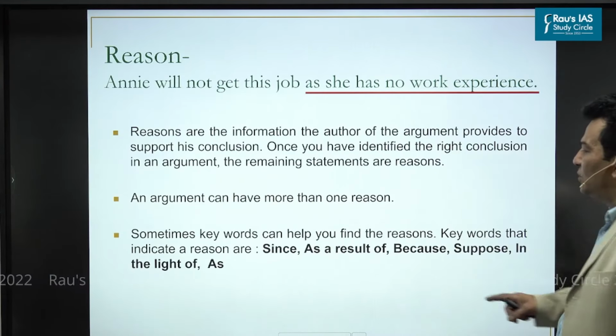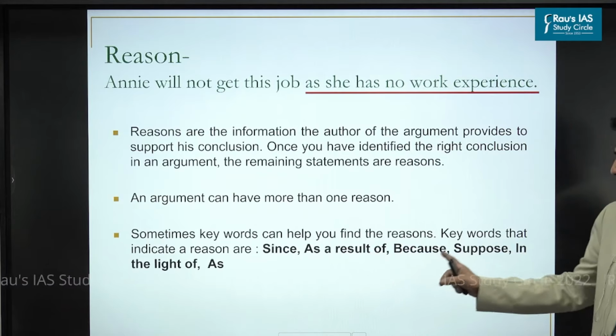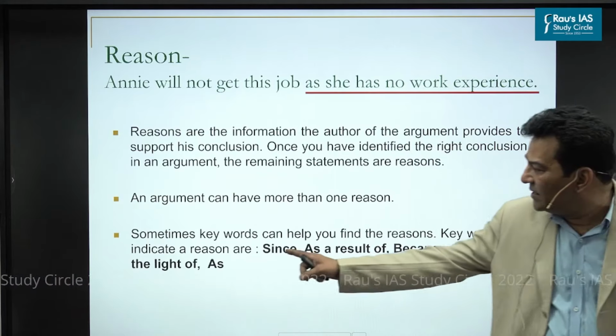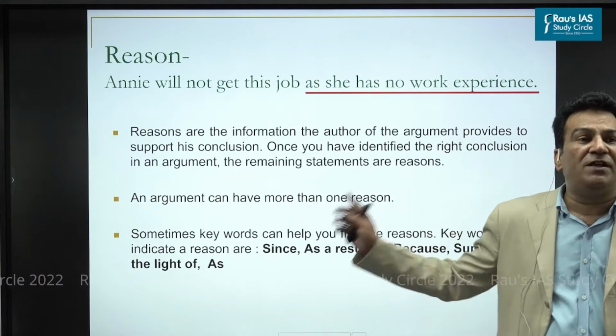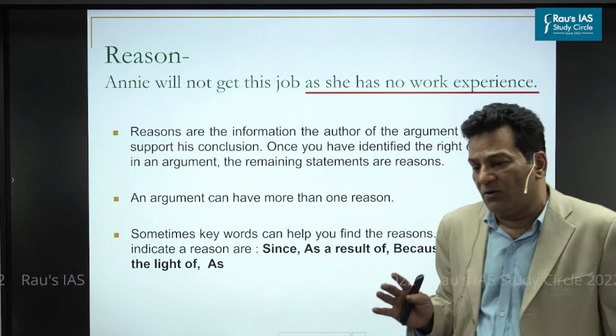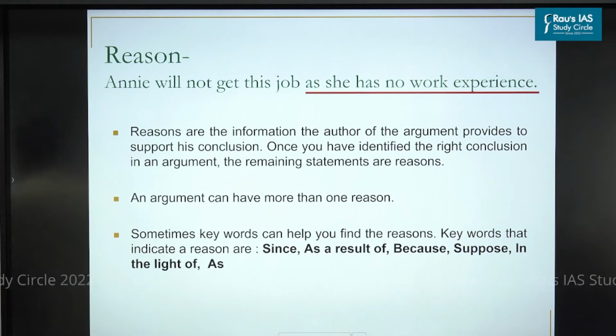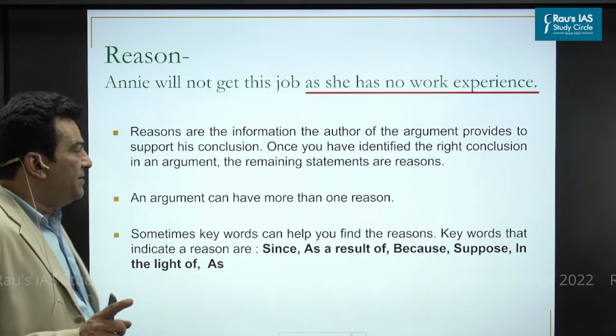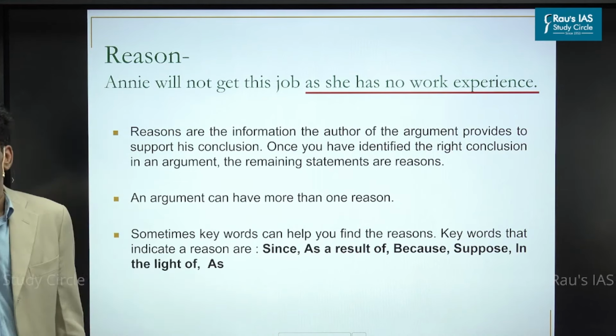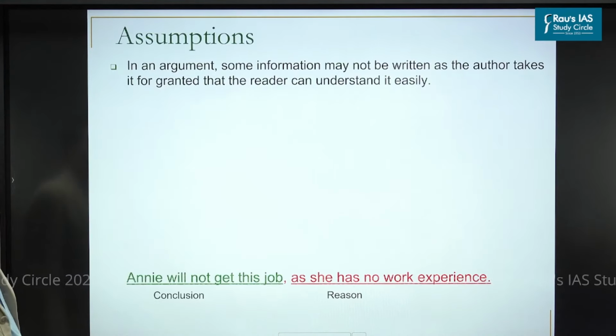Anything which follows since, as a result of, because, suppose, in the light of, as, will always be a reason. It will not be a conclusion. That is how you can identify them. Conclusion will always be one in number, and reasons can be one or more than one reason in a single argument. Done?